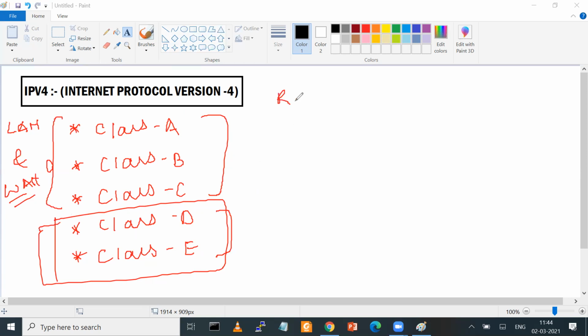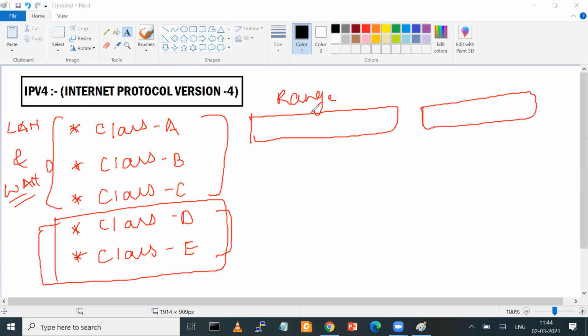So first we have to understand the range of IPv4 addresses. Let's write the range. 0 to 127 is the range for class A, and the valid range is 1 to 126. Class B range is 128 to 191.